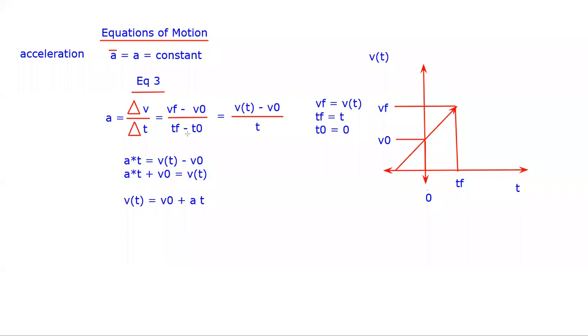And we'll strike that out there. T final goes to T as our variable, and V final will go to V. So like that, and I'll go ahead and move these over there too, just so we can see it clearly.